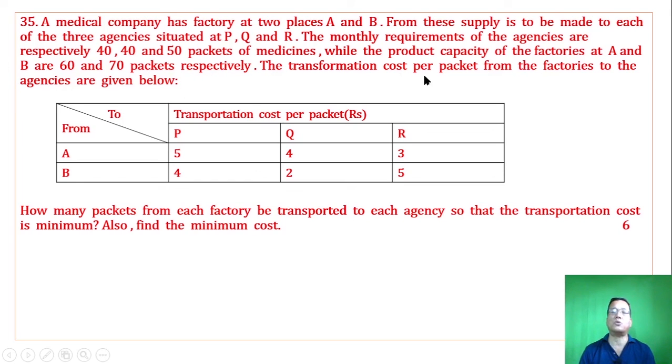The transportation cost per packet from the factories to the agencies are given below. From A to P, Q, R the costs per packet in rupees are 5, 4, 3, and 4, 2, 5. How many packets from each factory be transported to each agency so that the transportation cost is minimum? Also find the minimum cost. 6 marks.